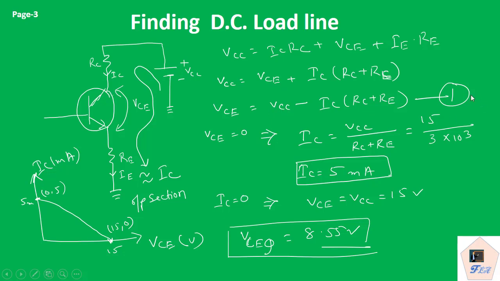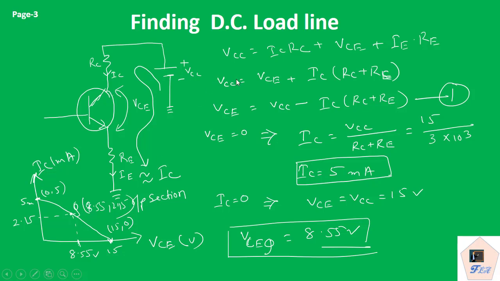So if we solve this equation 1, we can find VCEQ equal to 8.55 volt. So here we are getting some point where ICQ value is 2.15 milliampere and VCE value is 8.55 volt. This is our Q point and the coordinate is 8.55, 2.15. So operating point we have found.